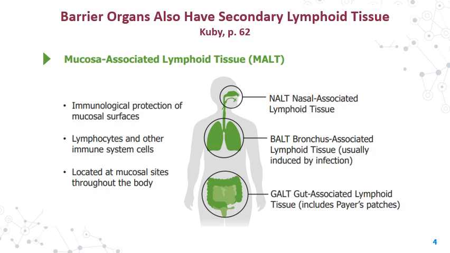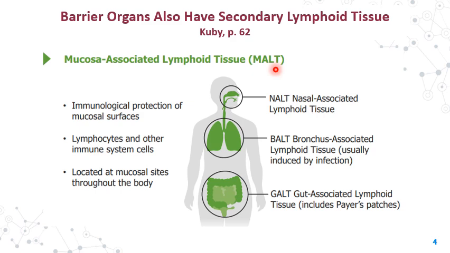Besides lymph nodes and spleen, you also have those mucosa associated lymphoid tissues, and in general you call those MALT, right? They're going to protect your mucosa, and mucosa, remember, is coming into contact with your outside world, right?